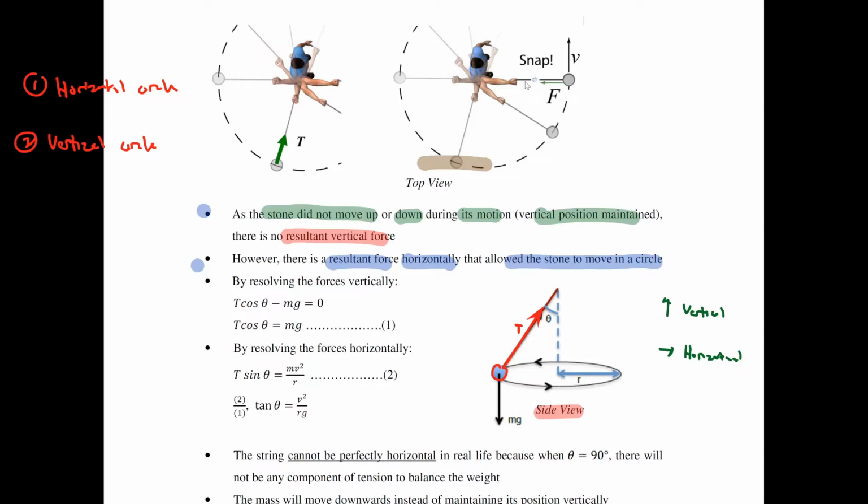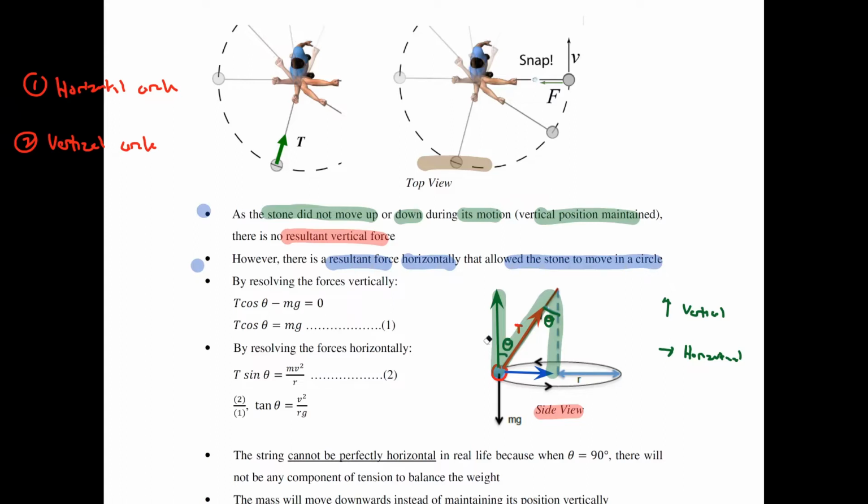You can resolve it in the horizontal direction like this, as well as the vertical direction like this. You notice that this forms a zigzag, so if I have an angle theta here, there must be an angle theta here also.